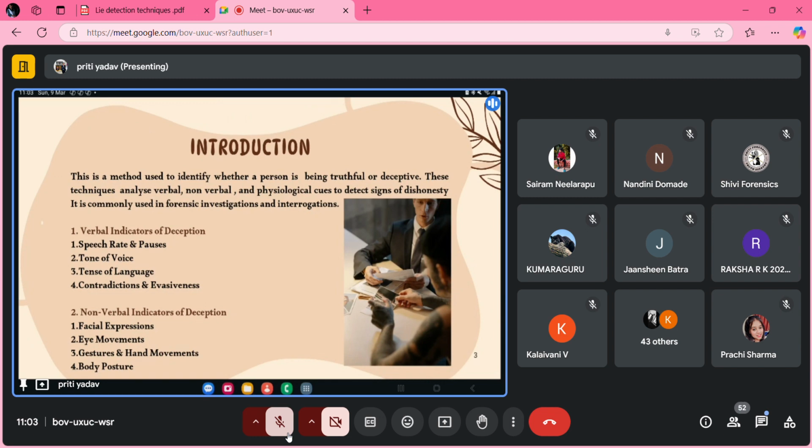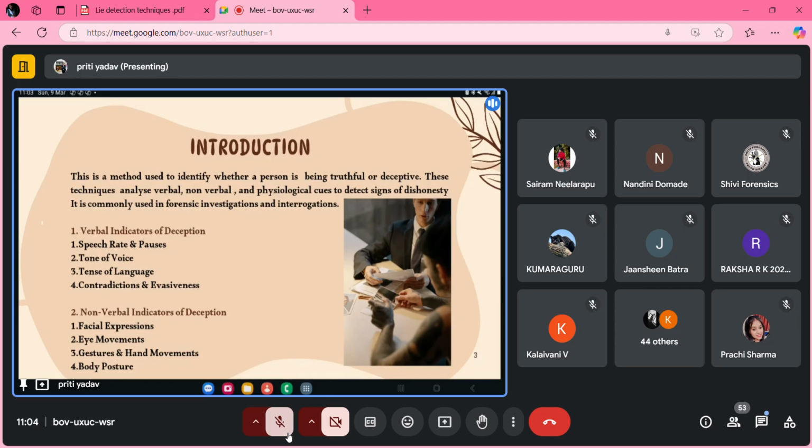Lie detection is not just about looking someone in the eye and guessing if they are lying. It's a scientific approach that evaluates both verbal and non-verbal cues. Verbal cues include unusual hesitation or rapid speech and sudden changes in pitch of voice.